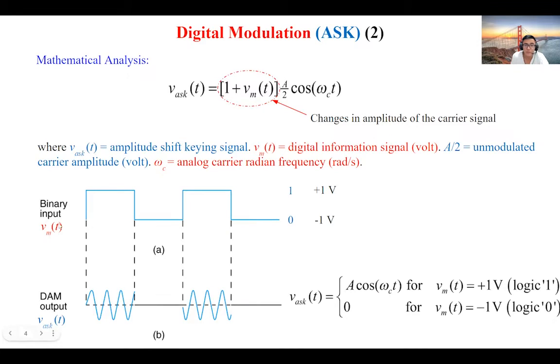When the binary input is logic 0, Vm becomes -1. When the binary input is logic 1, Vm becomes +1. This results in V_ASK equal to A cos omega_c t when it is logic 1, and it is 0 when it is logic 0. And here is the graph you can see.